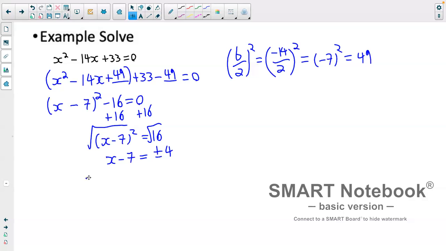So I'll break this into two equations. So x minus 7 is positive 4, as well as x minus 7 is negative 4. Move the 7 to the other side. So for the first one, we get x is equal to 11. The next one, when we move the 7 over to the other side, we get x is equal to 3.